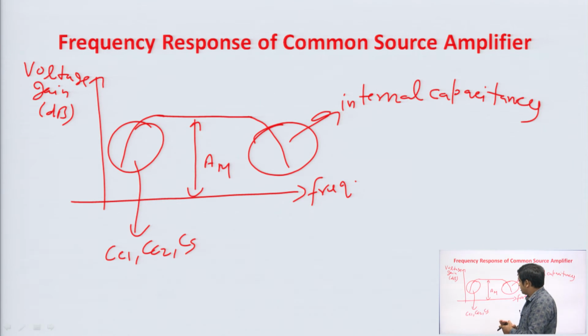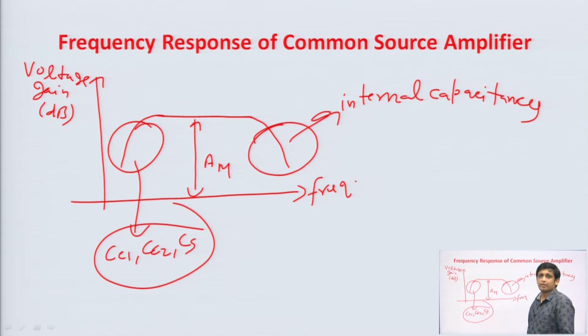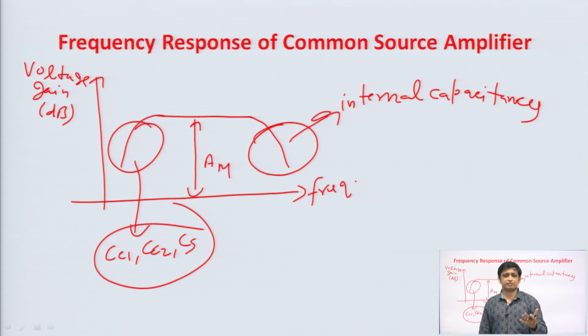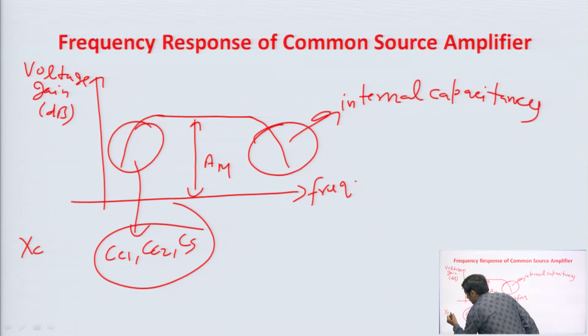Right. So, before that we should be aware that the values of CC1, CC2, CS are in the microfarad range, that is high, and the values of the internal capacitances are very small, in the range of picofarad and femtofarad. Fine. Now, we know the capacitive reactance impedance is 1 by SC.